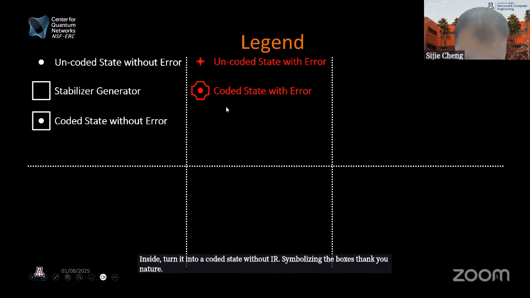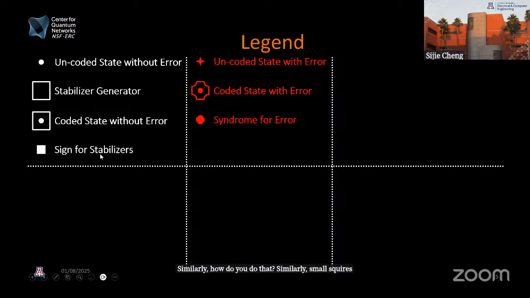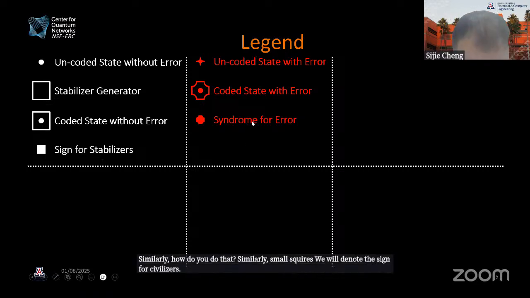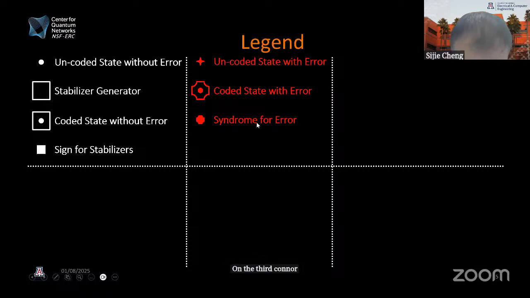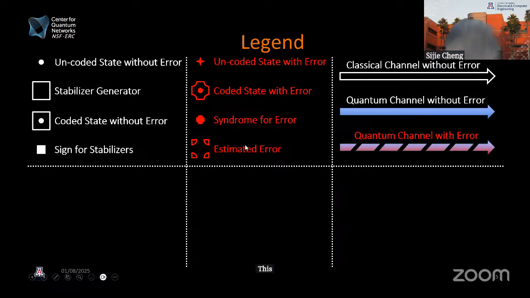A square with its corner cut off represents a coded state with error. Similarly, small squares will denote the sign for stabilizers, and their corner-cut version will represent the sign for the error. These cut corners mean estimated error.